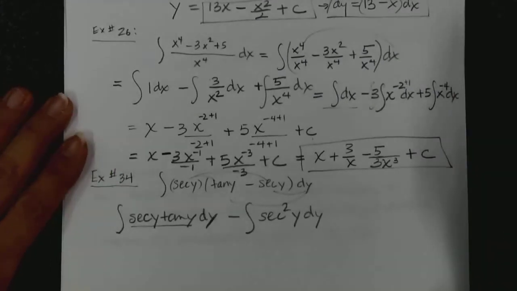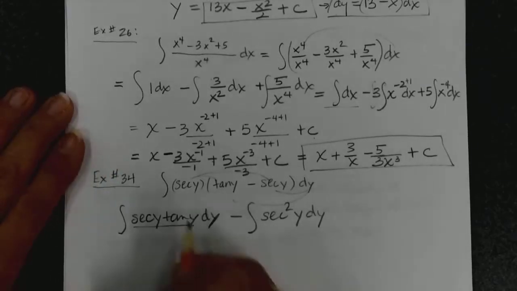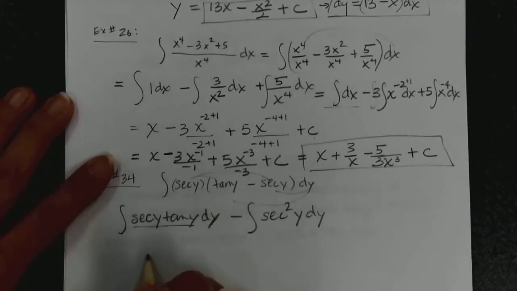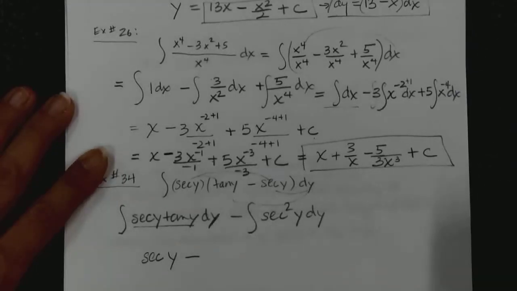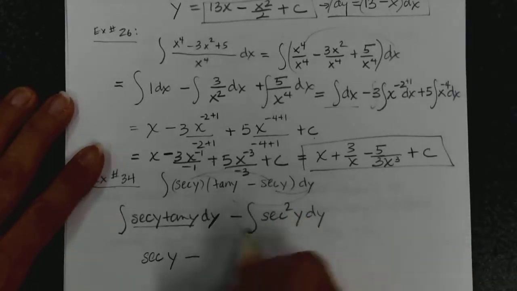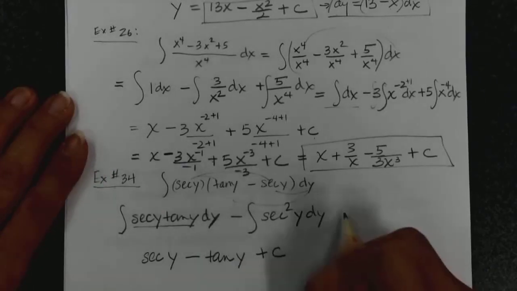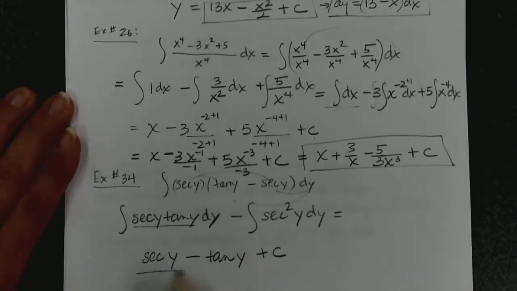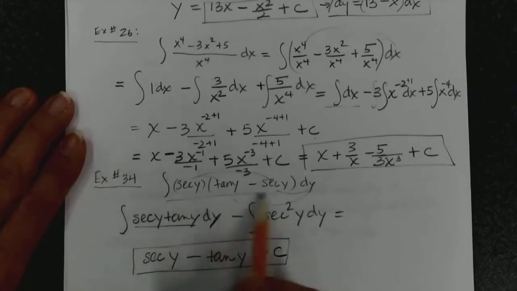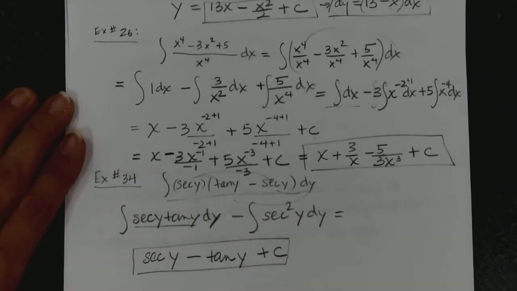Well, the derivative of secant is secant tangent, so the integral of this just becomes secant of y minus. Now if you think about secant squared of y, well, the derivative of tangent is secant squared, so this is just tangent of y plus c. And this is the integral of that function.